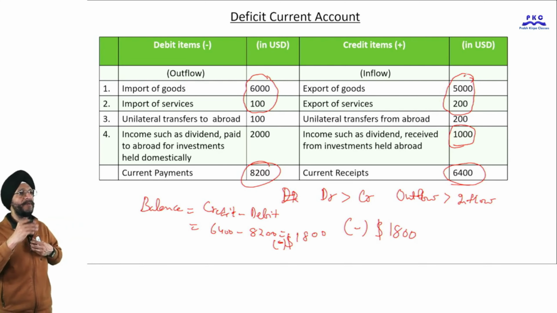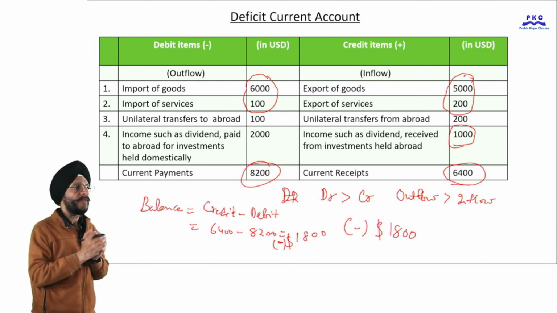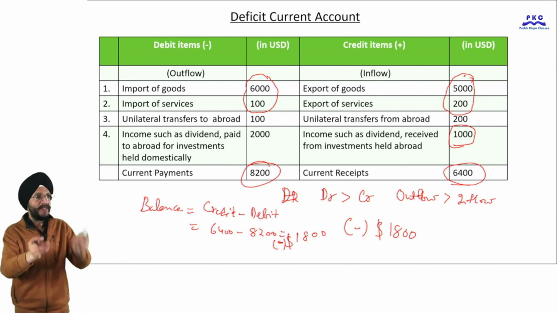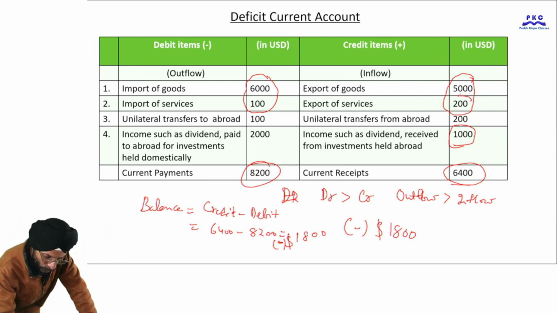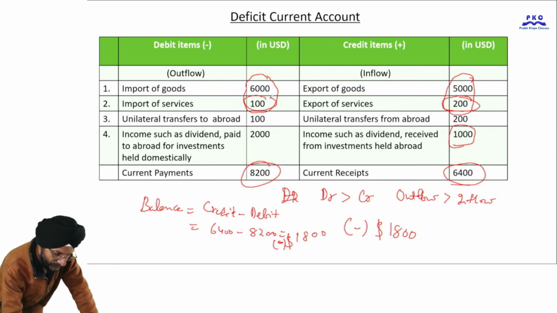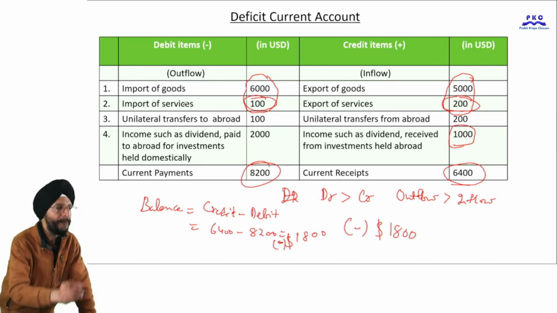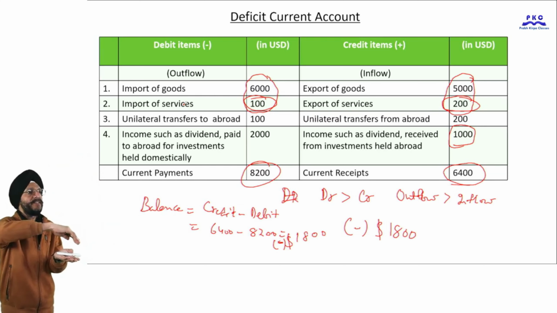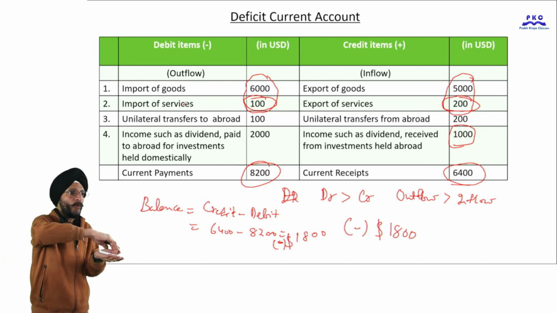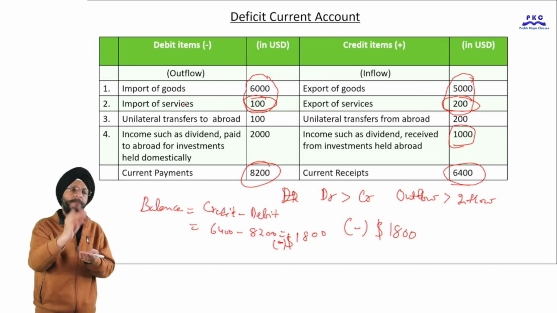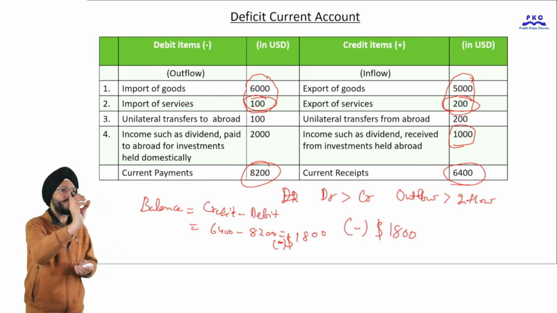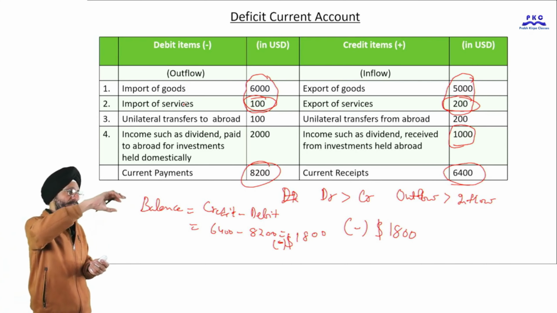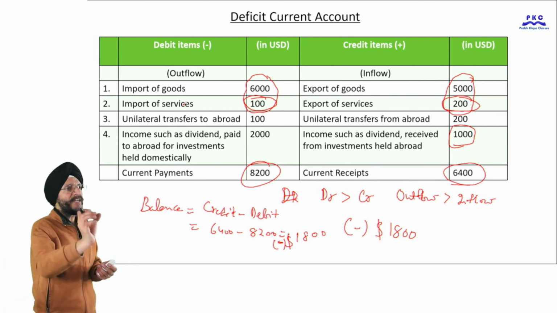But there may be some individual items where credit is more. Here you can see that credit is more in respect of services, whereas on the debit side import of services is less. So as a whole, current payments are more in comparison to receipts, but there may be some individual items, a single item or two items, where the credit side is more.